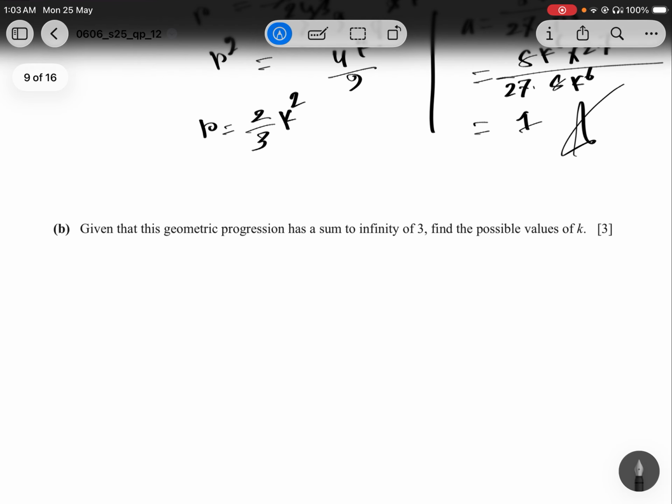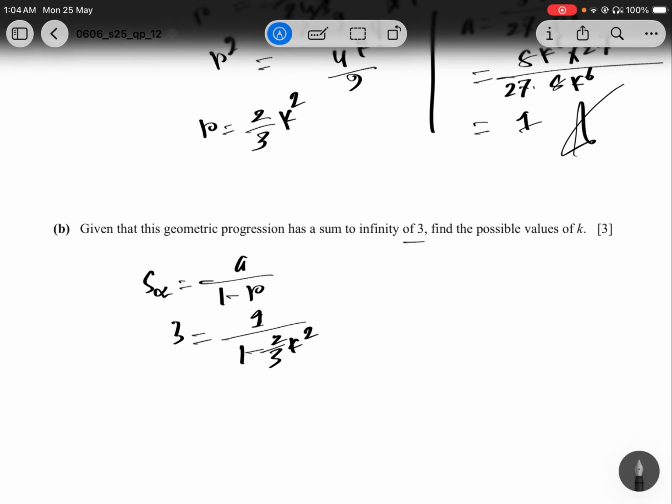Part B: given that this geometric progression has a sum to infinity of 3, find the positive value of k. Sum to infinity is 3. So sum to infinity is a over 1 minus r. A is 1, so 1 over 1 minus r. r is 2 by 3 k square.